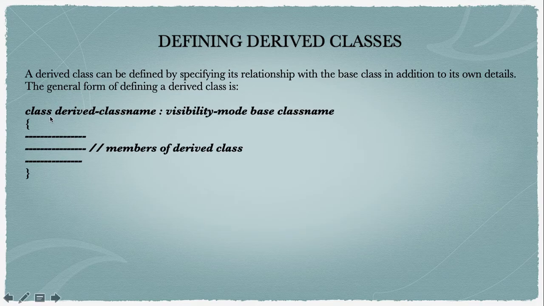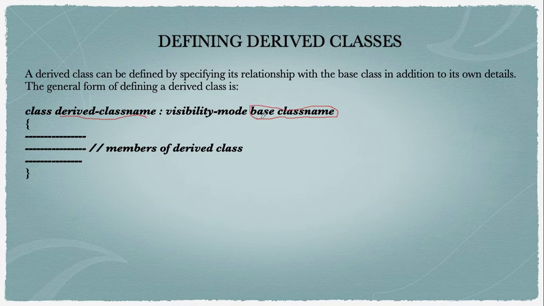To define a class, generally we use the keyword class and then give the class name, as in a general class definition. In a derived class also, we specify the class keyword and give the class name. Here we call it a derived class because we are going to derive it from the base class. Then we specify the base class from which we want to derive it.